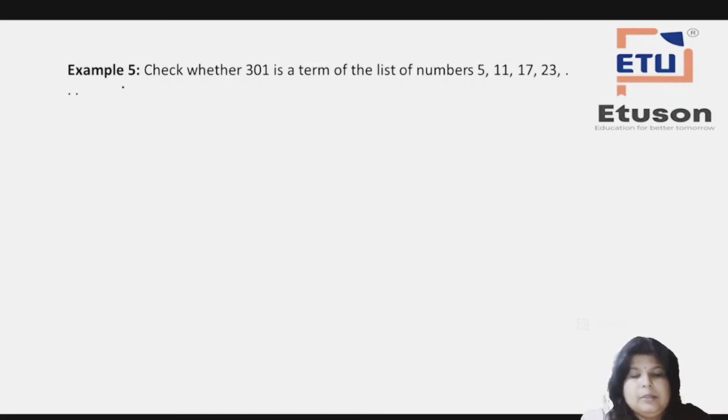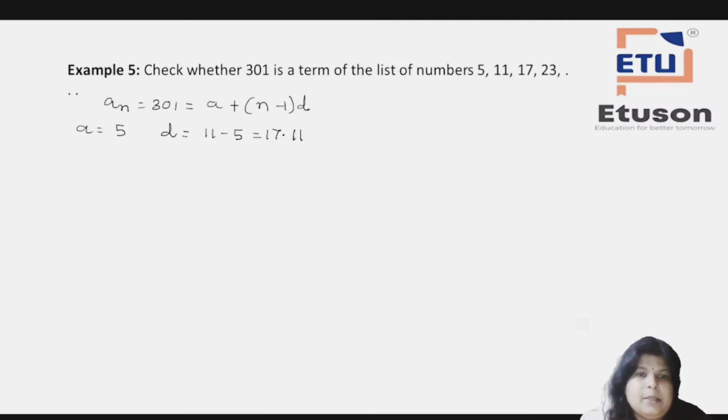So here consider an is equal to 301, which is nothing but equal to a plus n minus 1 into d. What is a here? a is equal to 5. What is d here? d is equal to 11 minus 5 is equal to 17 minus 11, that is equal to 6. Right?